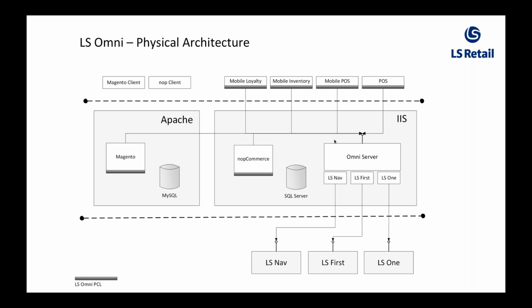You have the full source code at your disposal, so you can cherry pick from our source code what exactly you would like to use, create even your own app, and basically have that consume the very same web services that the LS Retail mobile loyalty app consumes.